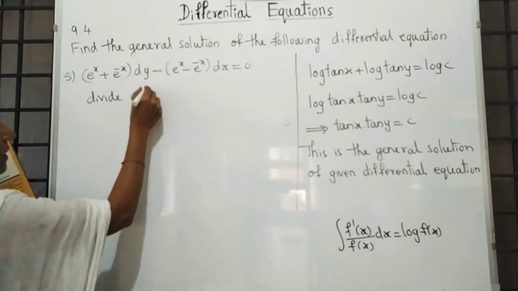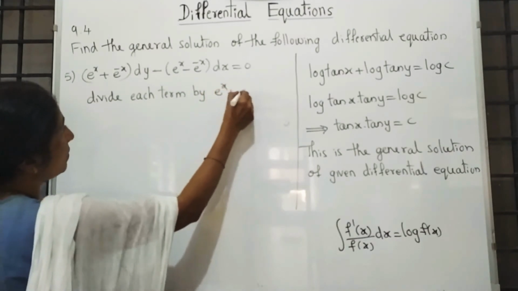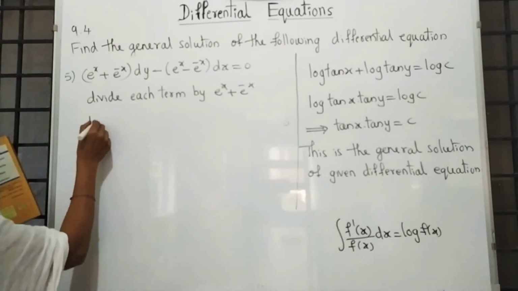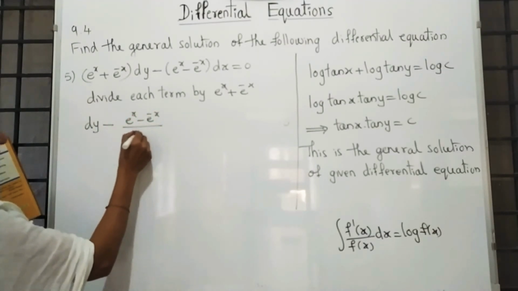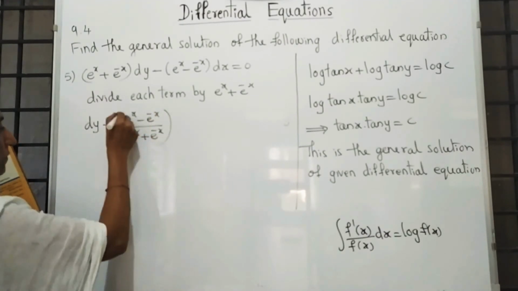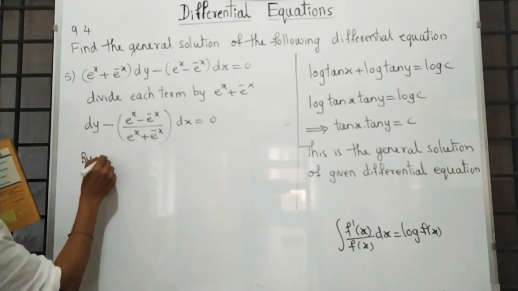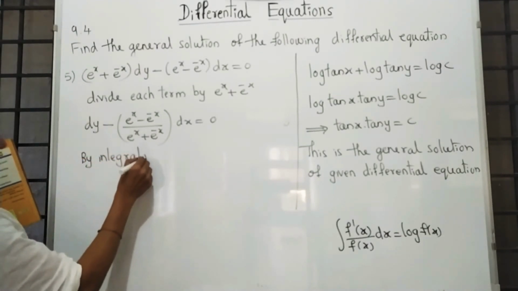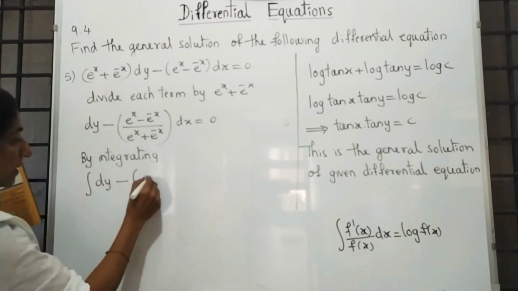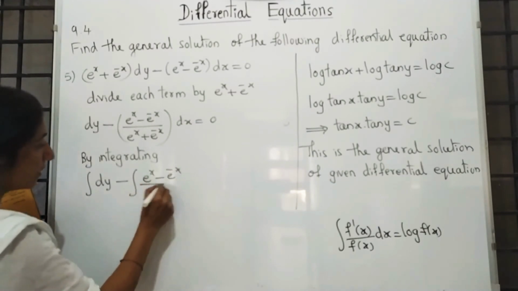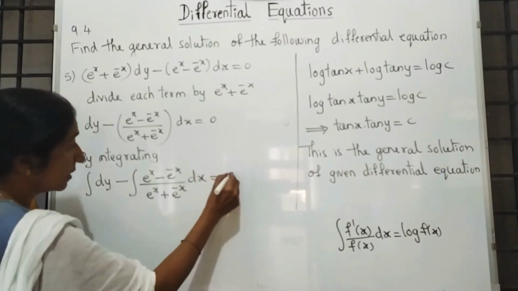Divide each term by e raised to x plus e raised to minus x: dy minus (e raised to x minus e raised to minus x) divided by (e raised to x plus e raised to minus x) dx is equal to 0. By integrating, y minus the integral of that term is equal to c.